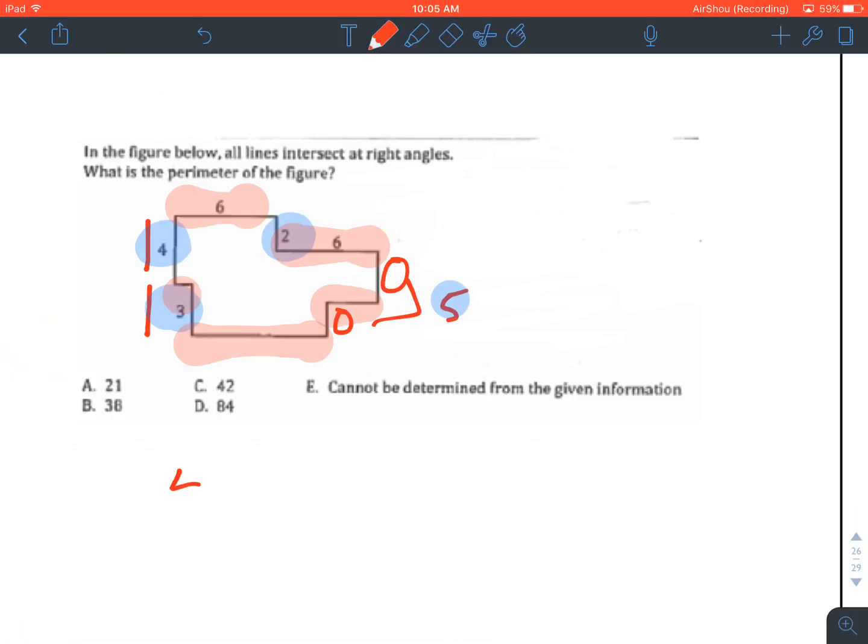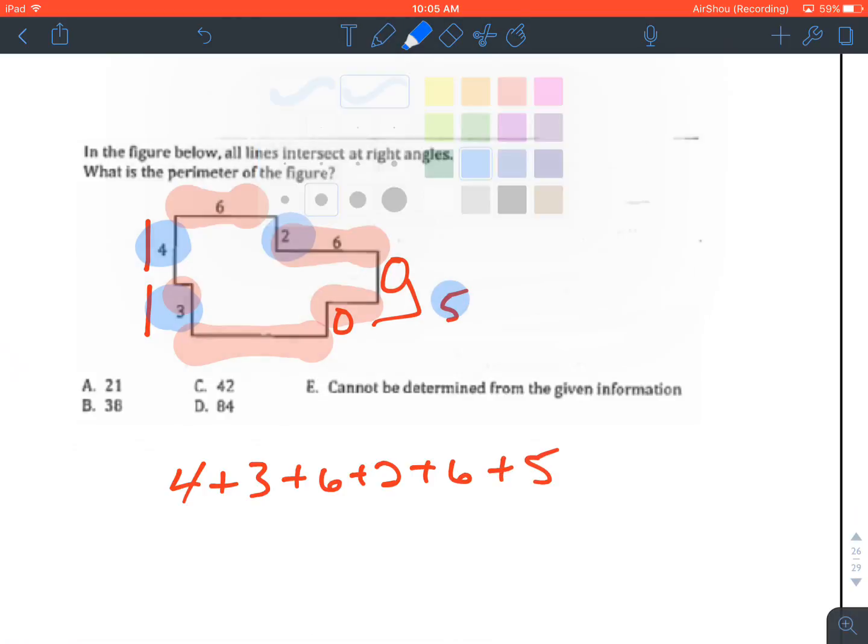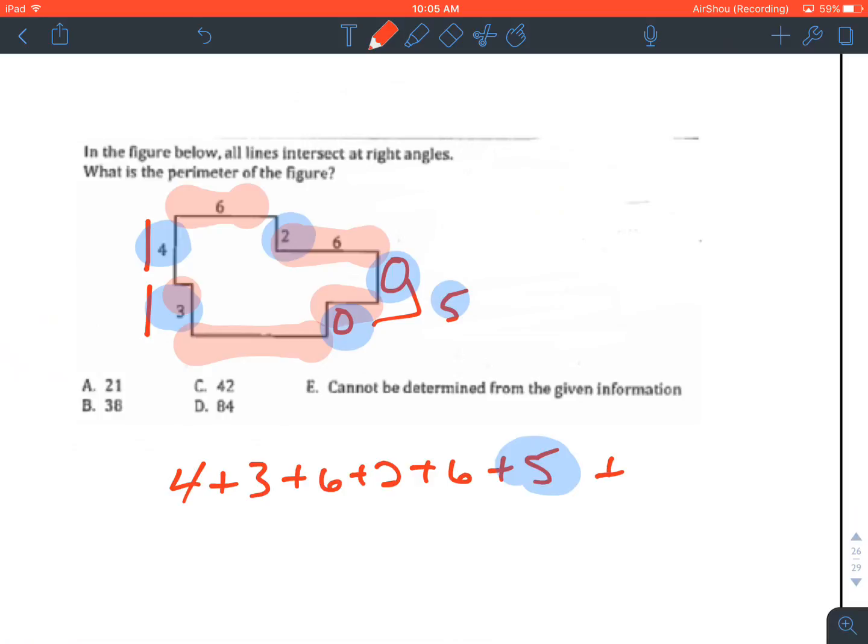So the numbers that I was given were 4, 3, 6, 2, and 6. I figured out that this blue number here has to be 5. That's these two sides added together. And then the bottom length has to be 12.